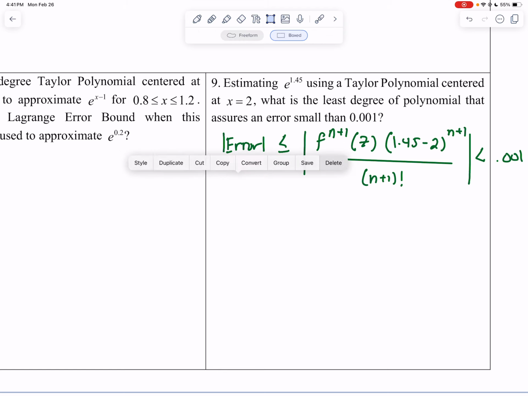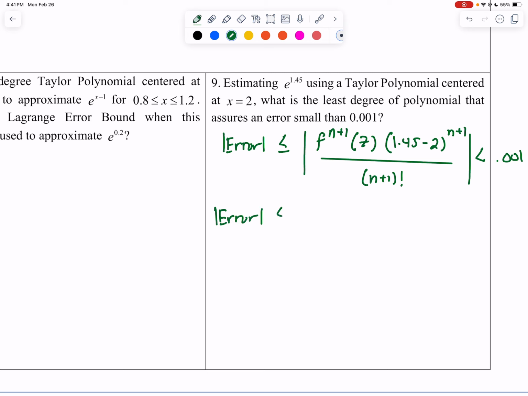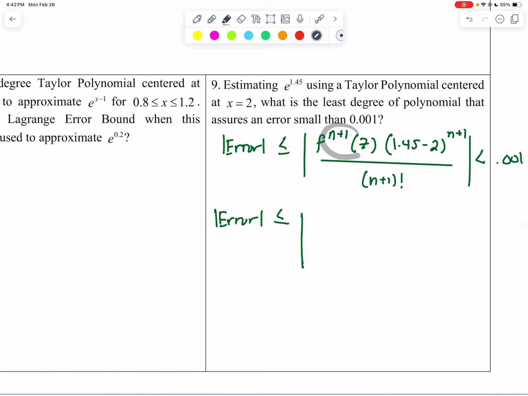So this one was kind of lucky because we kind of knew what that was in terms of e to the x. So now I have f, or this actually, being e to the 2. And then we have negative 0.55 to the n plus 1 over n plus 1 factorial. And that's going to be less than 0.001.